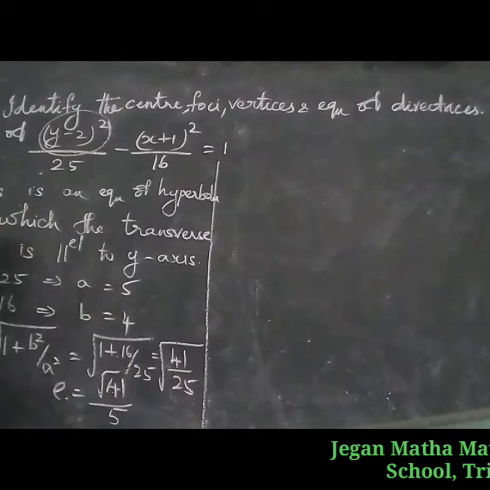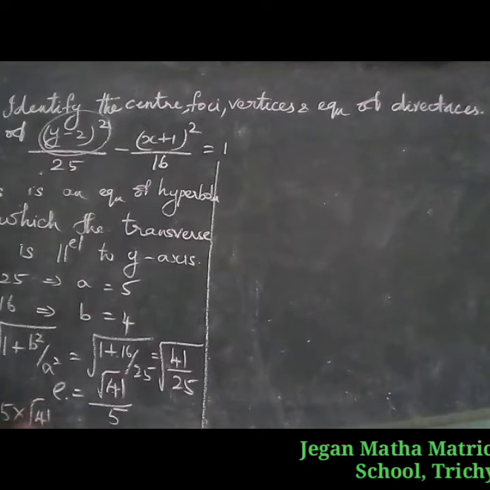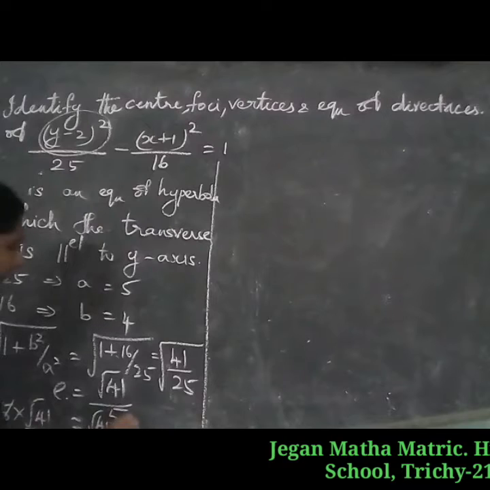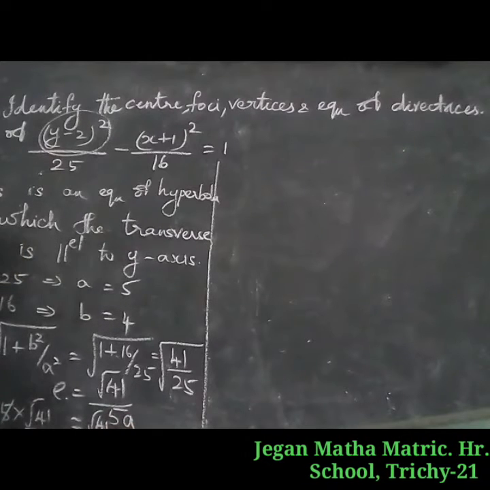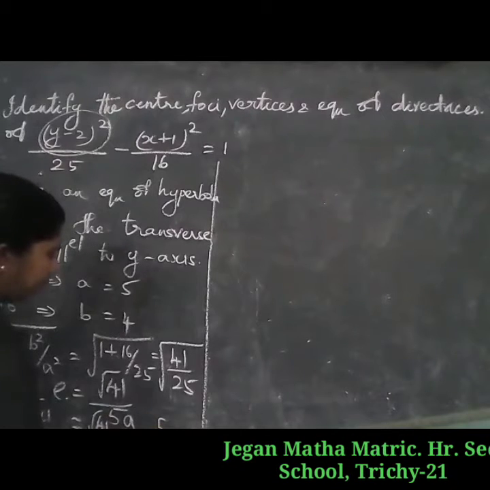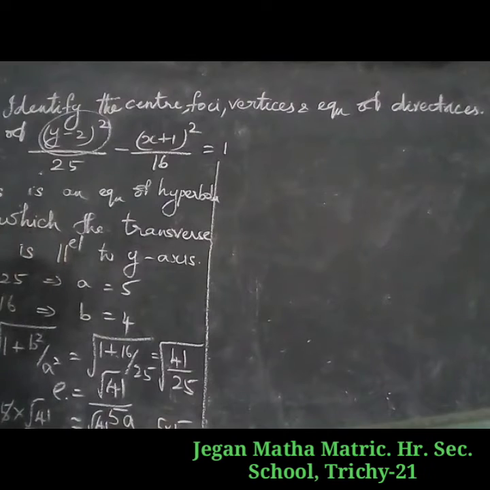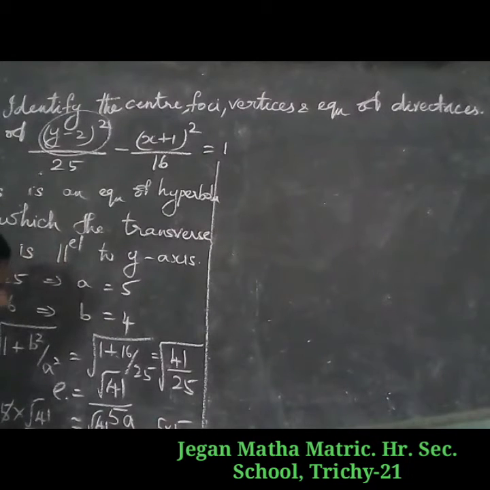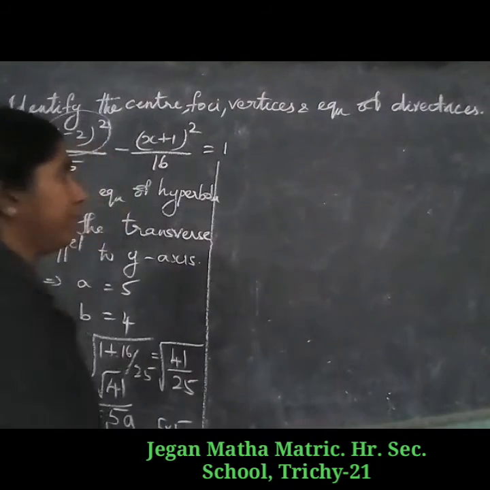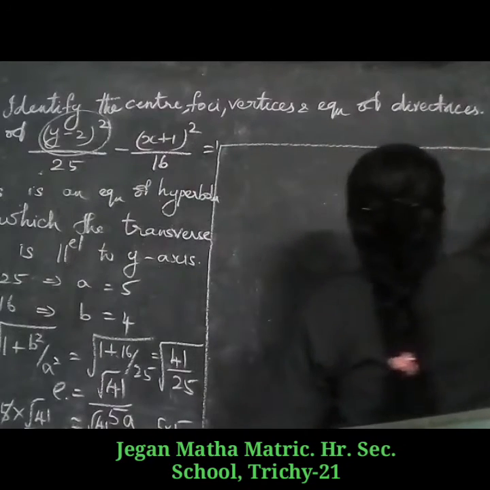Next, we can find ae is equal to 5 into root 41 by 5, so root 41. Same way, a by e is equal to 5 divided by root 41 by 5, which is 5 into 5, so we will get 25 divided by root 41. After finding all these values, now you can find out the center and all the points.